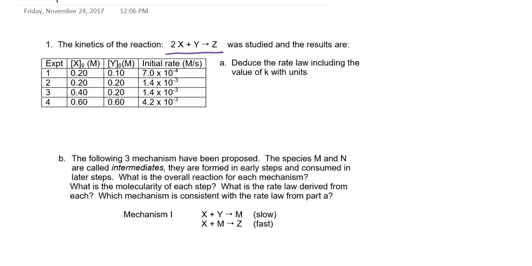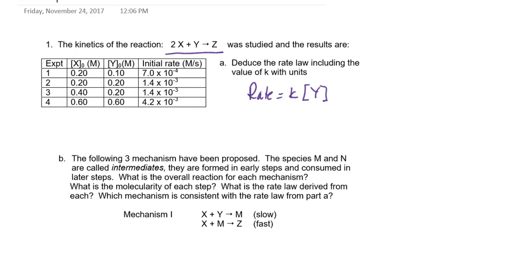I'm going to tell you right now that the rate law is 0th order with respect to X and first order with respect to Y. I leave it to you to do the method of initial rates as practice and figure this out for yourself.